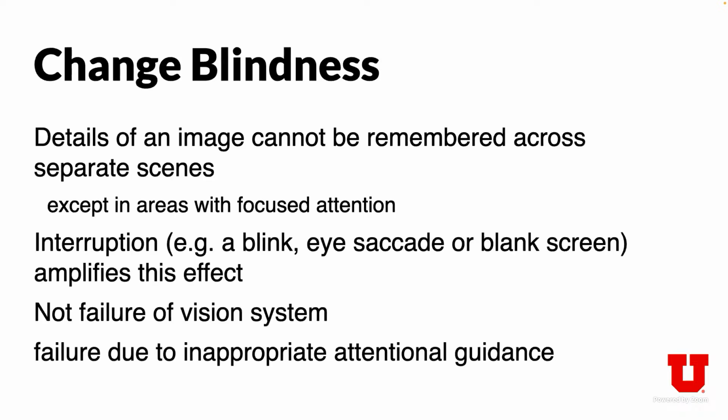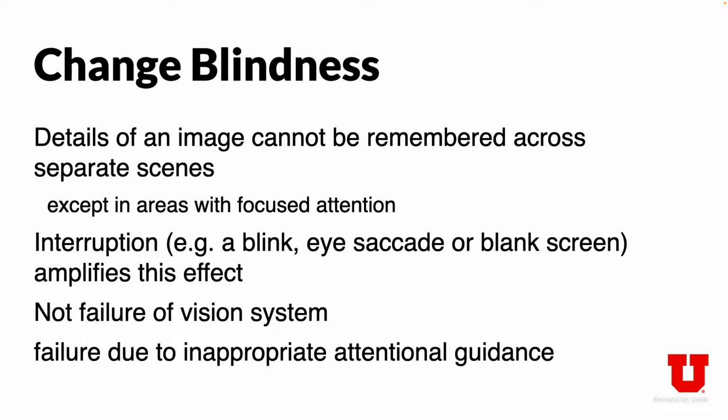We had a couple of these things already, but change blindness is slightly different from attention blindness. Change blindness is an effect where we tend not to remember details of an image across separate scenes, except for areas of focused attention.